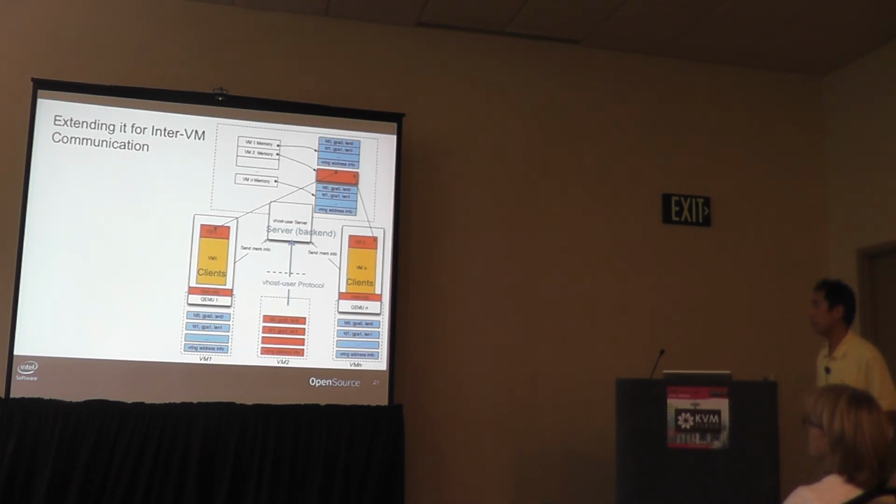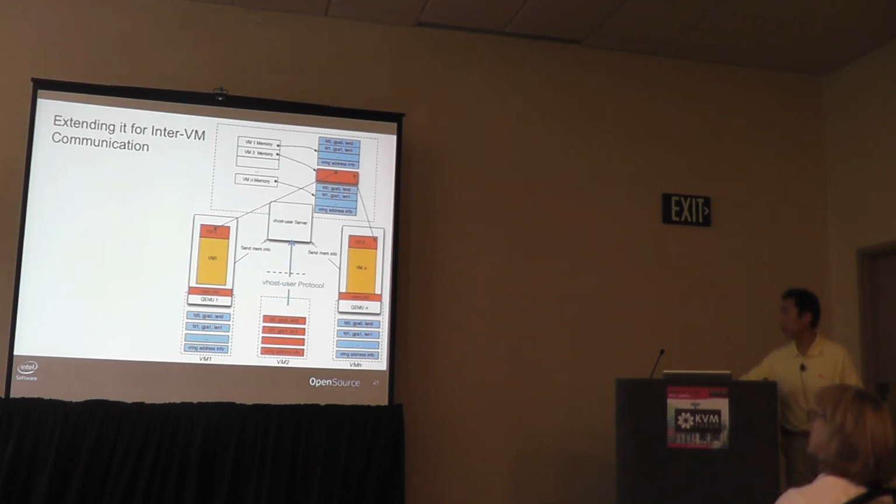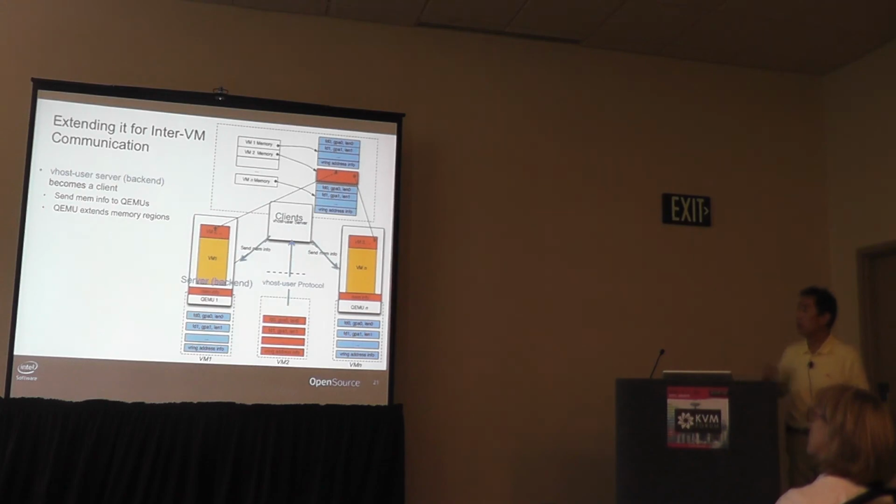So how does this work? Initially, vhost-user has this kind of information, right? Then it was a server, but it can be a client and send this information to the other VM, so that QEMU can be the server.